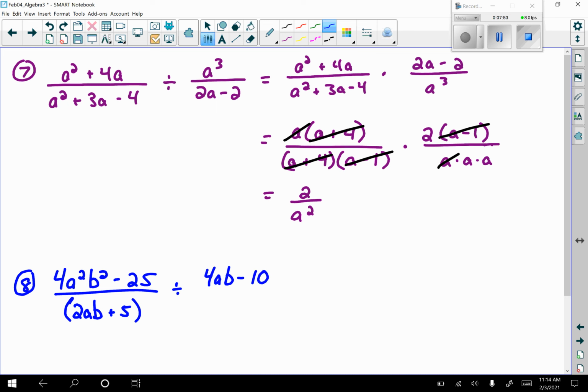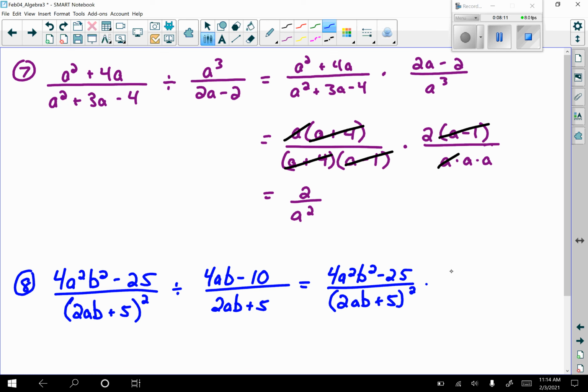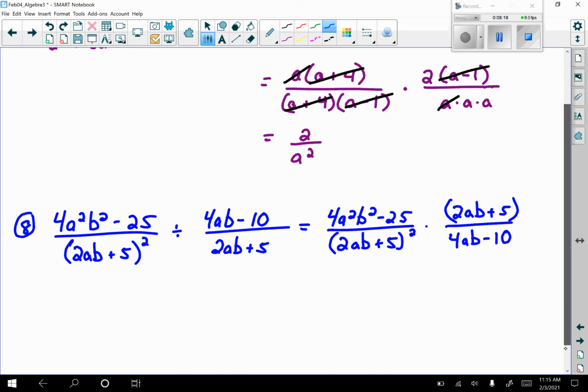So again, I'm going to rewrite this, keep the first fraction the same, multiply by the reciprocal of the second. That should have been a square over there. So then times 2ab plus 5, I'm just going to keep that in parentheses, over 4ab minus 10.